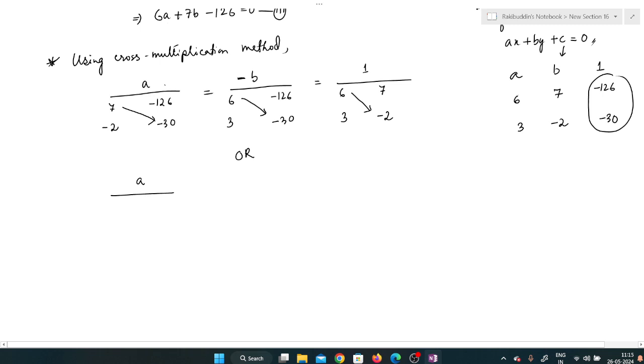A by 7, minus 2, minus 126, minus 30; B by 6, 3, minus 126, minus 30; 1 by 6, 3, 7, minus 2. If you are not using a negative sign, then descend, ascend, again descend.